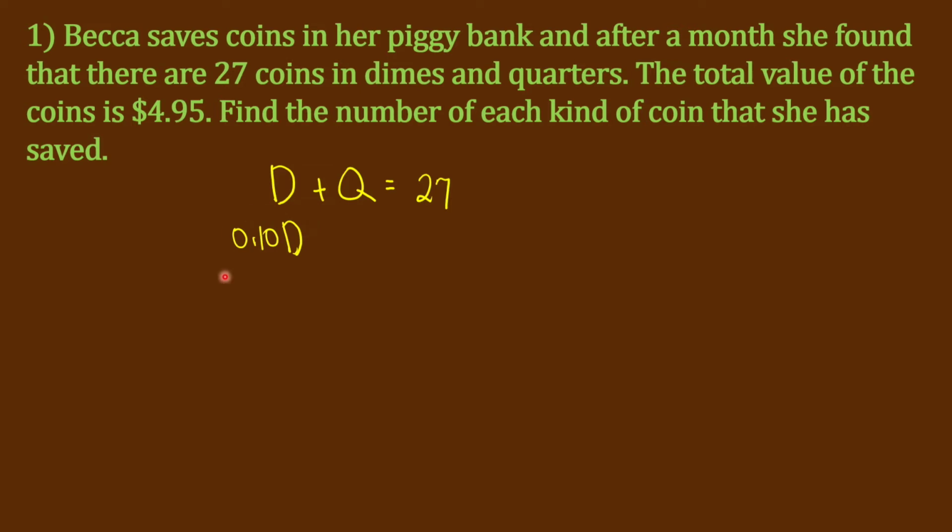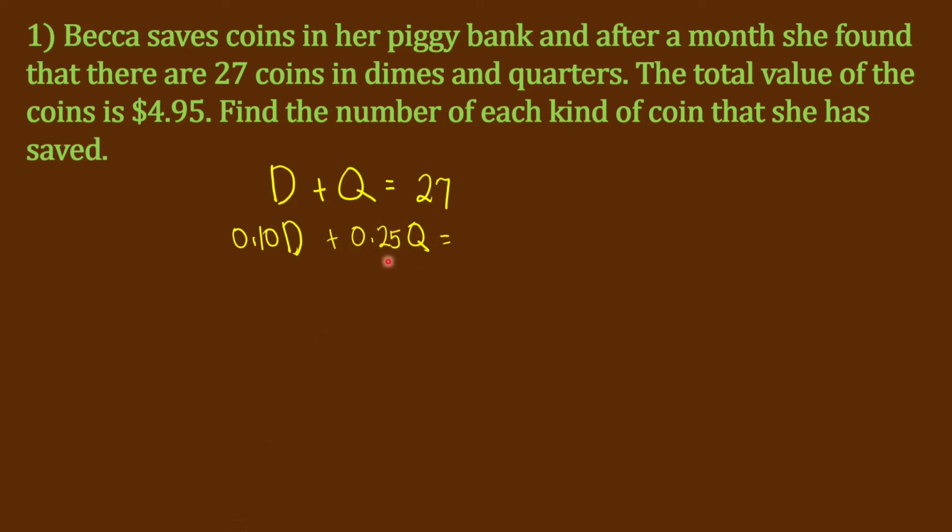And then we add it to the amount of quarters. The quarter is 0.25. You multiply it by the number of quarter coins.